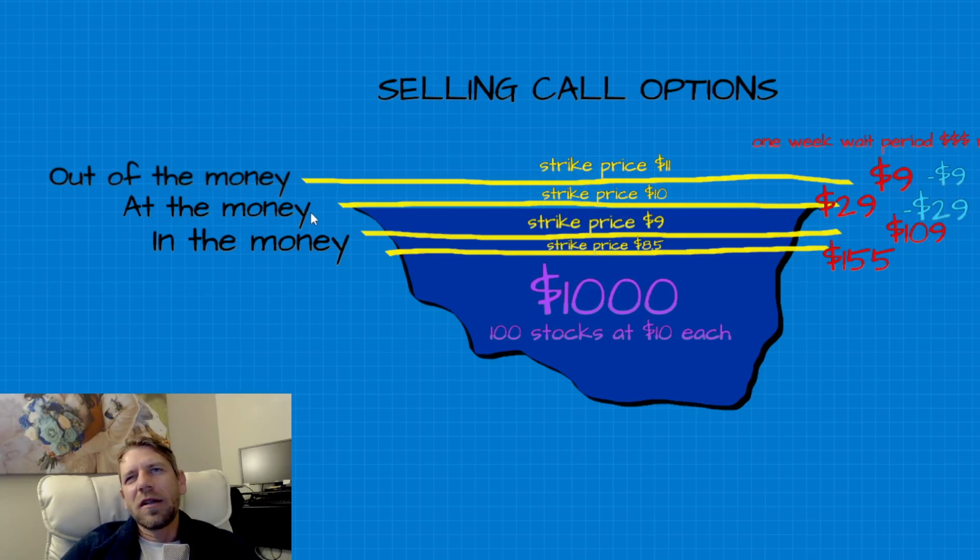So we went over at the money, we went over out of the money. Now we're going to talk about in the money. Selling a call option in the money. I've drawn a strike price at $9 here. So the premium on these stocks is going to be very high. It's going to be at least $100 in this example.